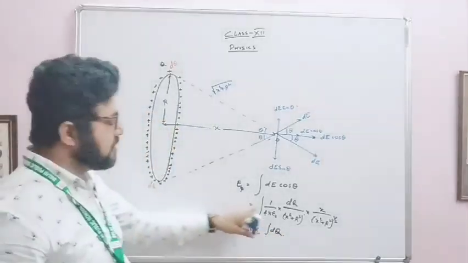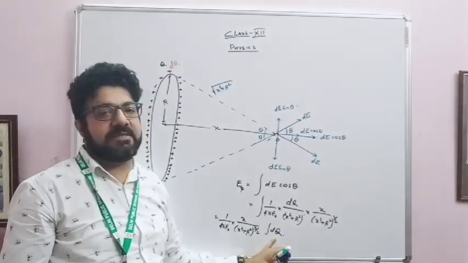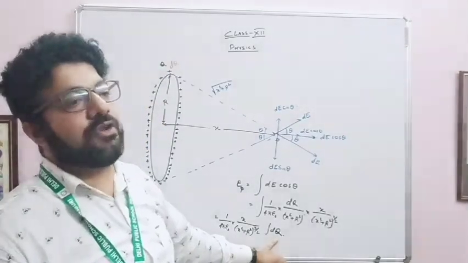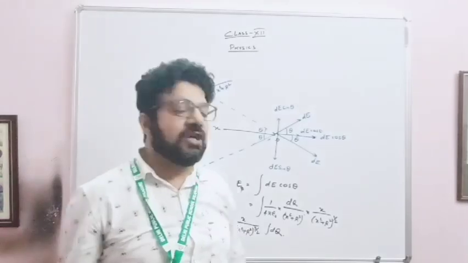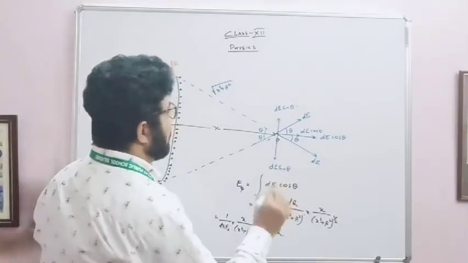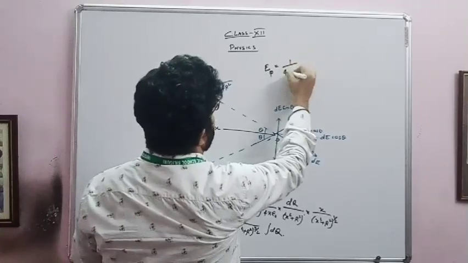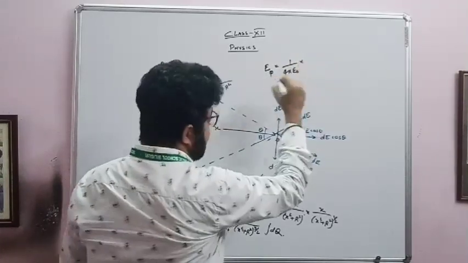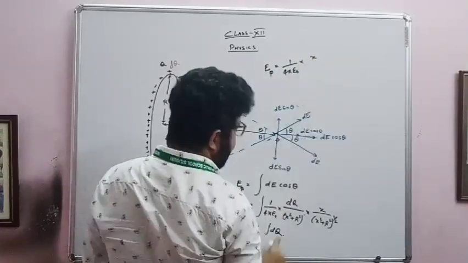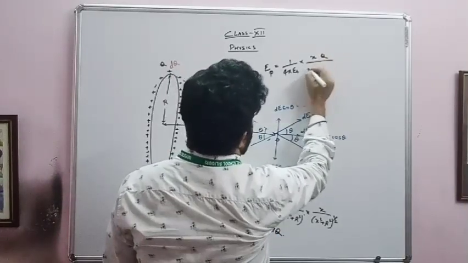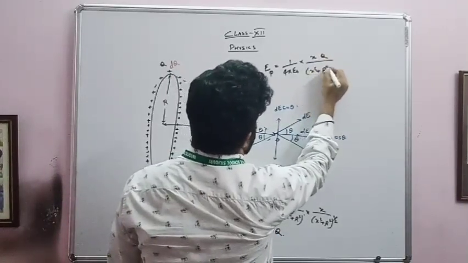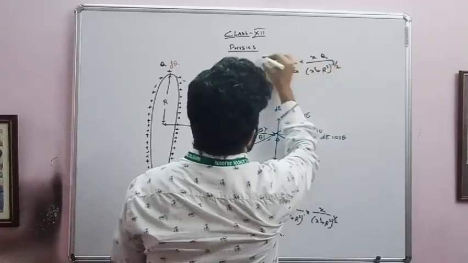Here all are constant, only the variable is dQ. We know integration of dx is x, so integration of dQ is Q. So finally the electric field is 1 by 4 pi epsilon naught, x Q by x square plus r square to the power 3 by 2.